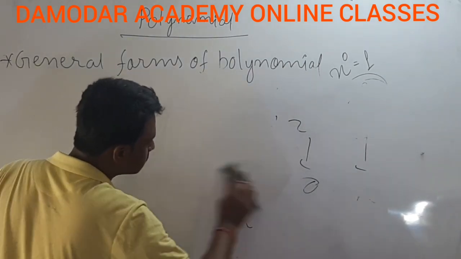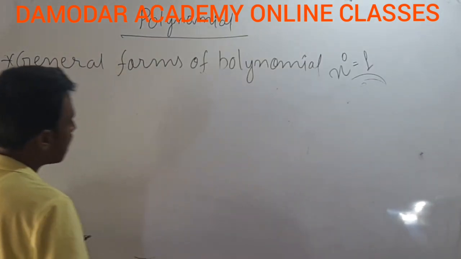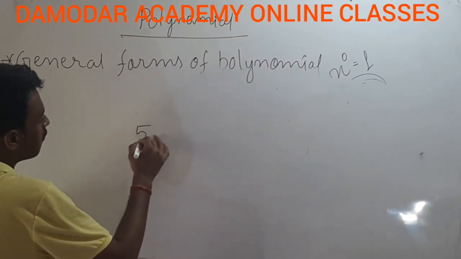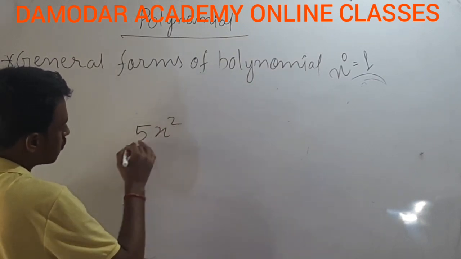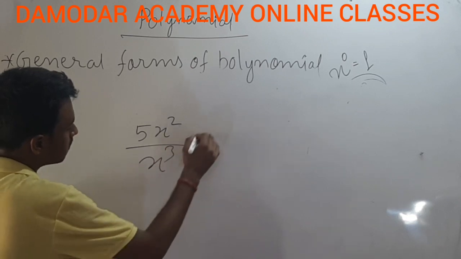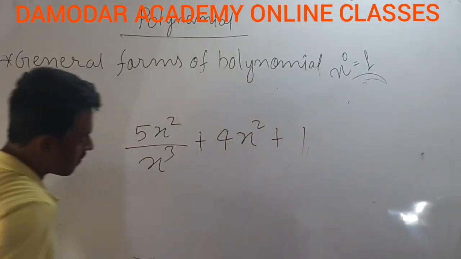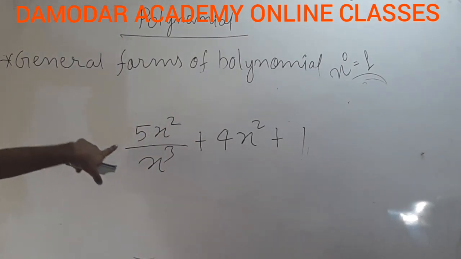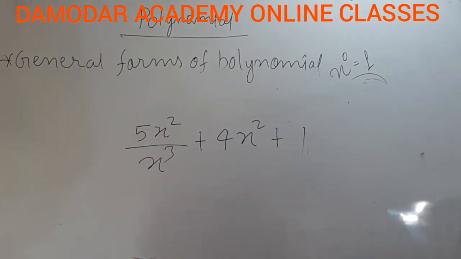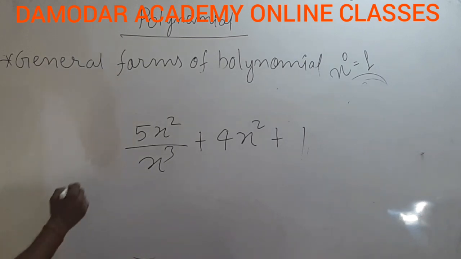Now my dear students, tell me what is the degree of 5x square upon x cube plus 4x square plus 1. What is the degree of this polynomial? What did I tell you, if you want to find the power or degree of any polynomial, what is the first step?